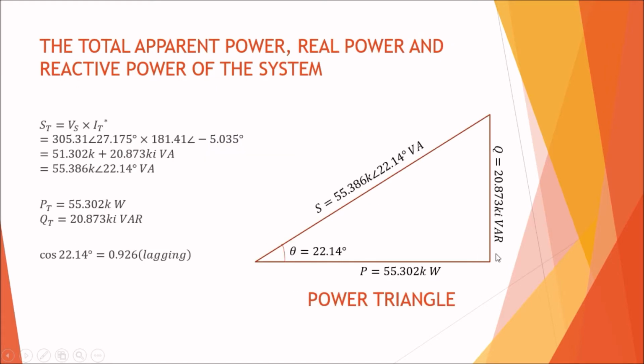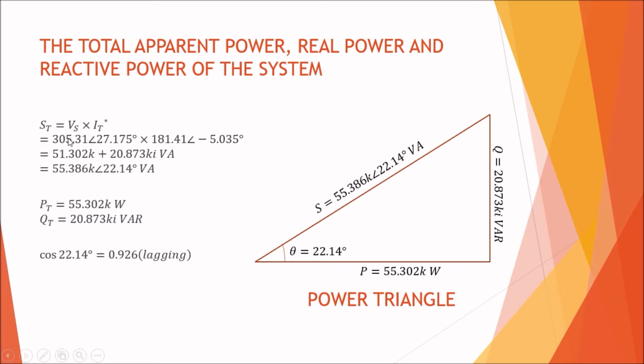Next, for this assignment, we also need to find total apparent power, real power, and reactive power for the system. In order to find the total of apparent power, we need to multiply voltage supply with the I total.